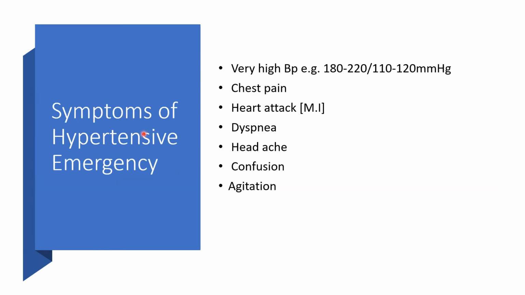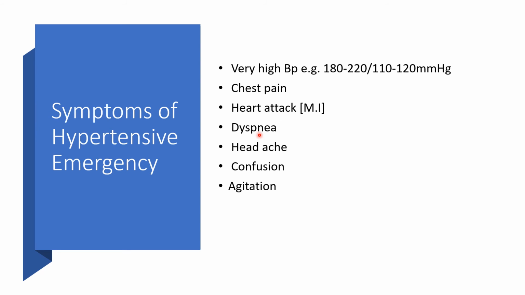What are the symptoms of hypertensive emergency? The symptoms are what the patient will tell us. Okay, we've measured the BP, it's pretty high, right? Then the patient can say, I've been having chest pain, and they will tell us the complete signs and symptoms of heart attack.